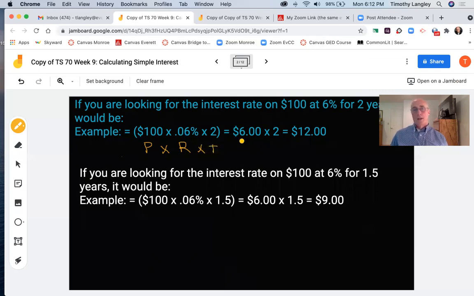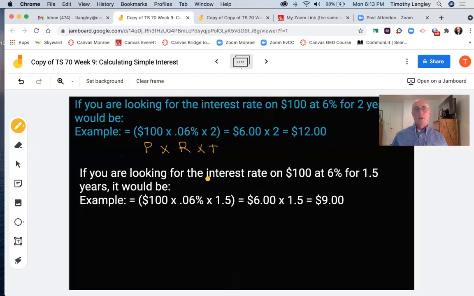So 100 times 0.06 gives me $6, times 2 is $12. So it would be $12. That is the additional charge on that loan. So if I had a $100 loan, I'm going to pay $112.